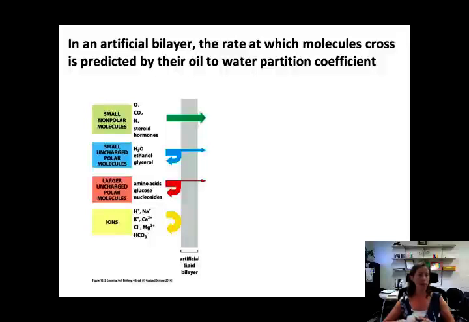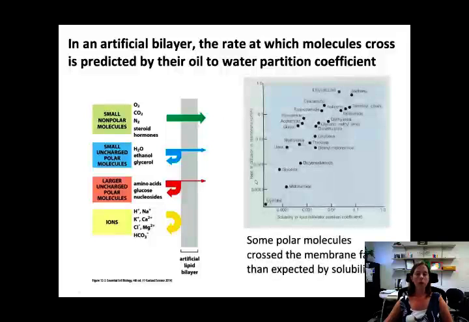The same is true, but to a lesser degree, for larger uncharged polar molecules, so this includes amino acids, glucose and nucleosides, and ions such as sodium, potassium, chloride, etc. will not pass this artificial lipid bilayer. And so this corresponds to the observations that Overton had seen that we just looked at previously.